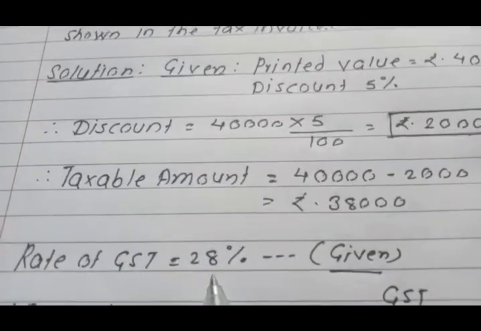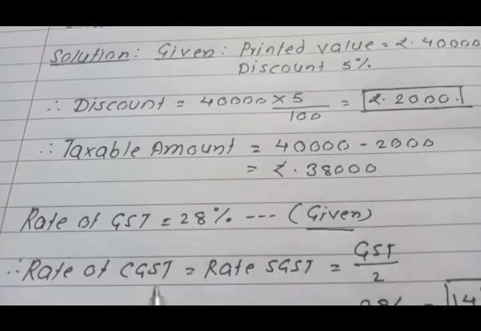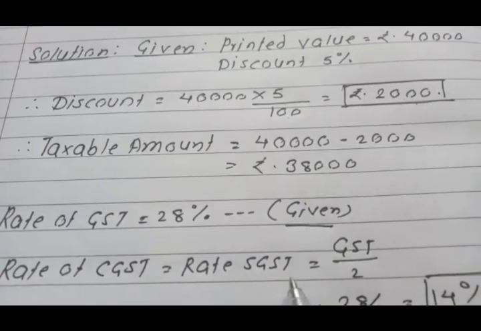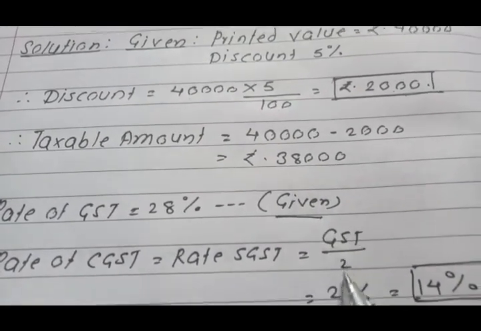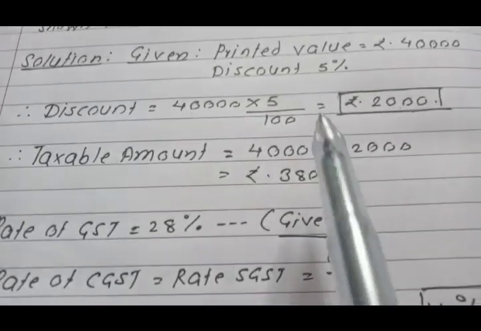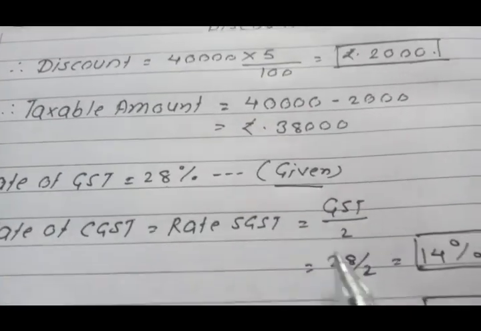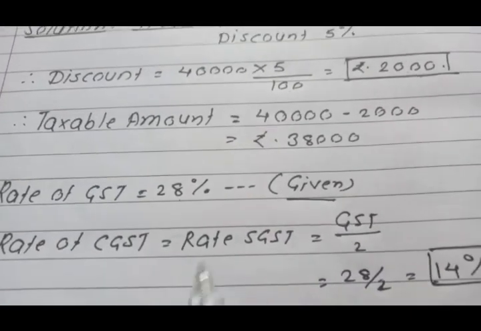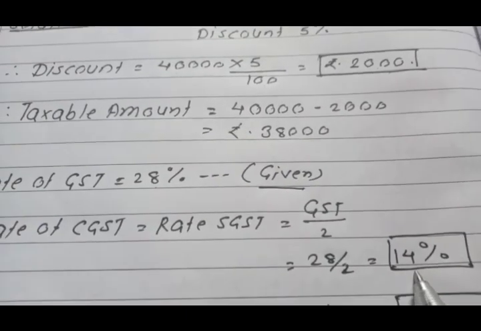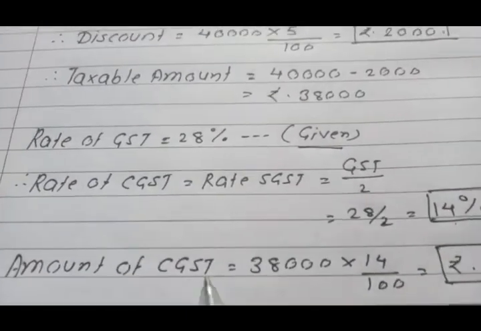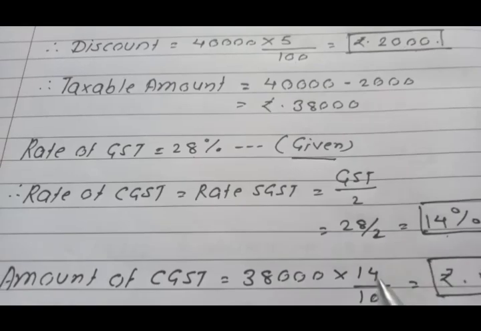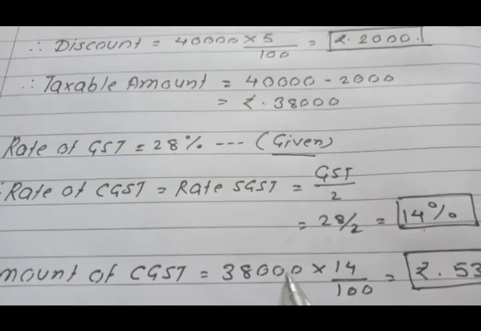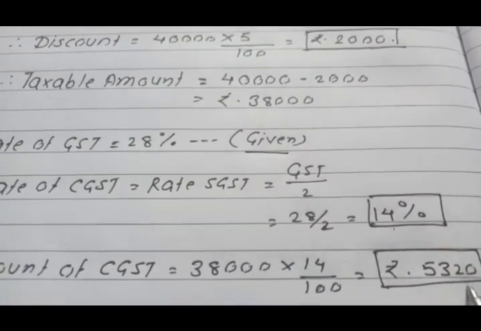Then rate of GST 28% given, so rate of CGST equal to rate of SGST equal to rate of GST upon 2. This is the formula. So GST given here 28%, so rate of CGST equal to rate of SGST equal to 14%. Then amount of CGST 38,000 into 14%, so 0 cancel, so 5,320.